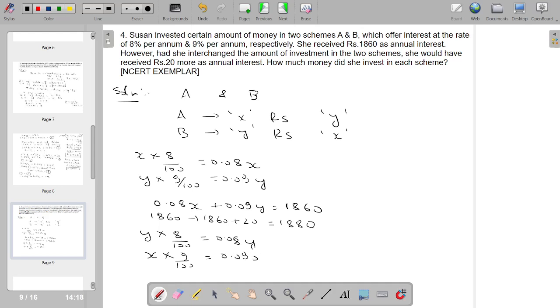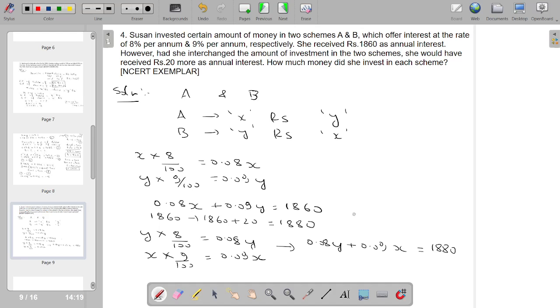So 0.09x. This will form 0.08y plus 0.09x is equal to 1880. She would have got 20 rupees more if she had interchanged the amounts in the two schemes.